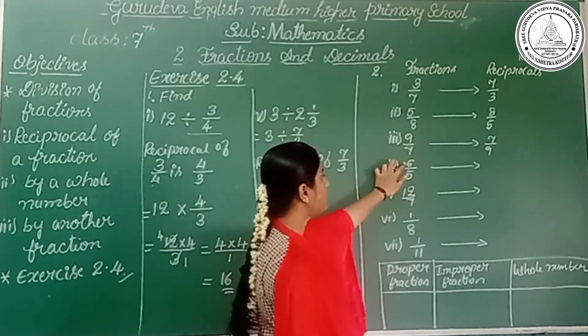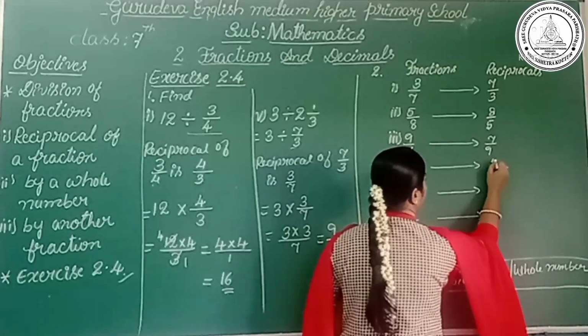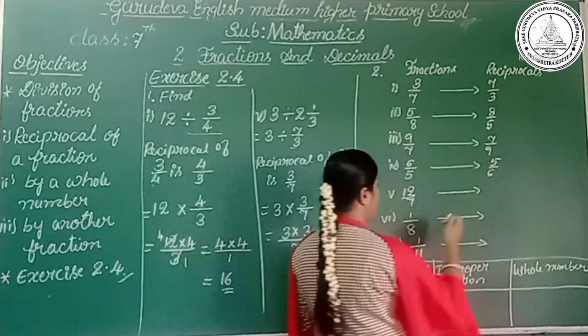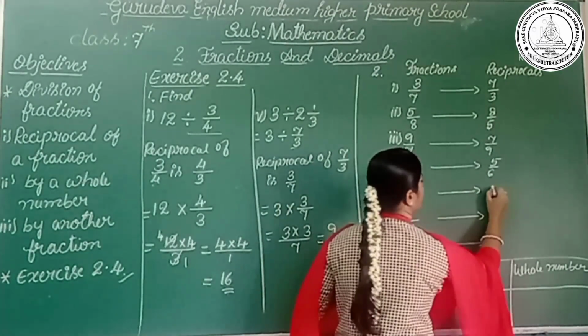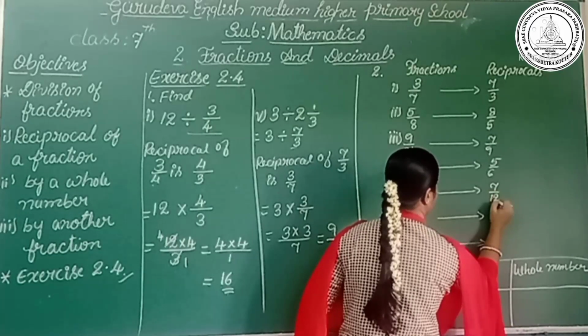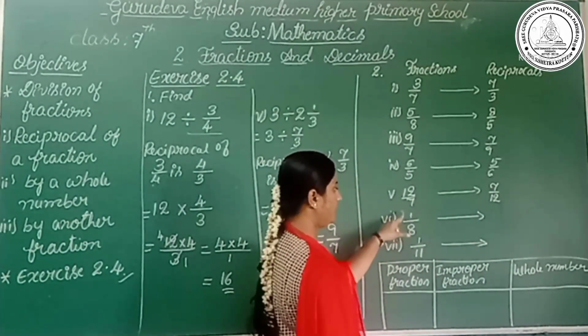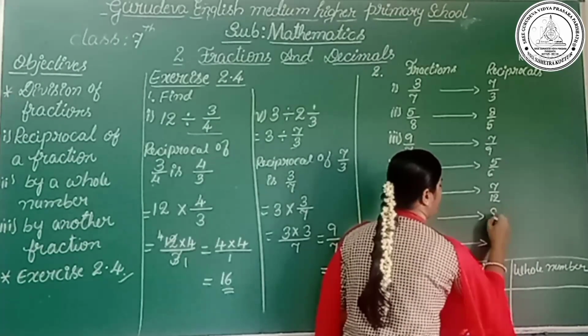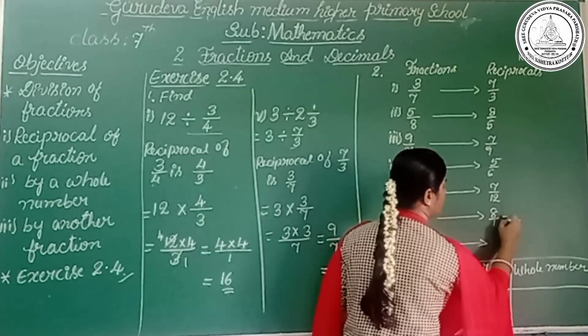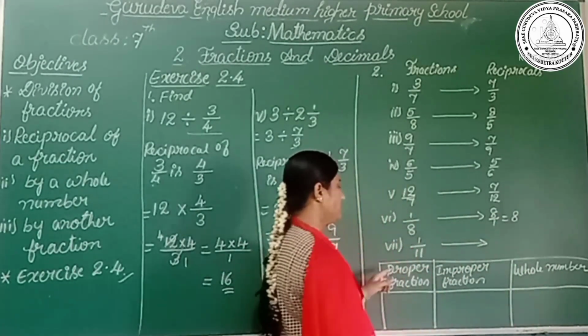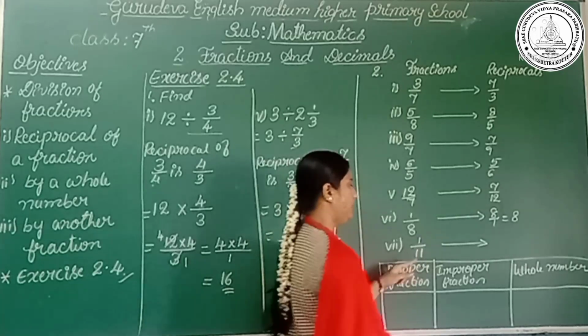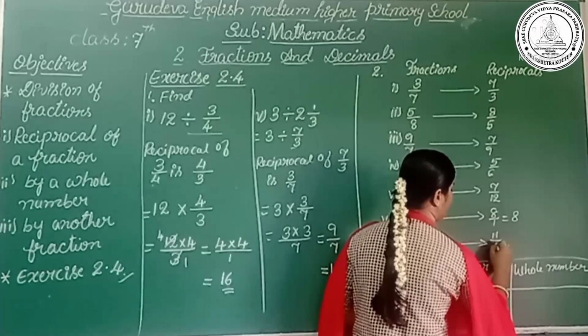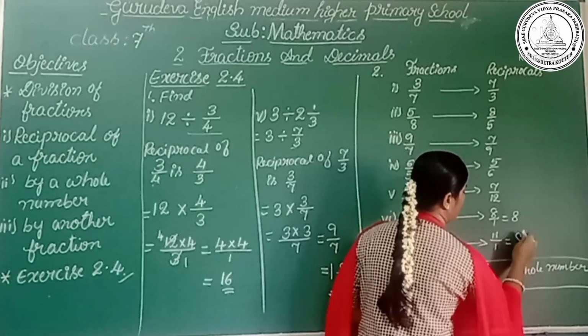The reciprocal of 6 by 5 is 5 by 6. The reciprocal of 12 by 7 is 7 by 12. The reciprocal of 1 by 8 is 8 by 1, which equals 8. The reciprocal of 1 by 11 is 11 by 1, which equals 11.